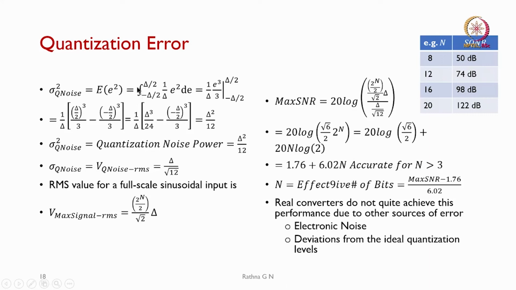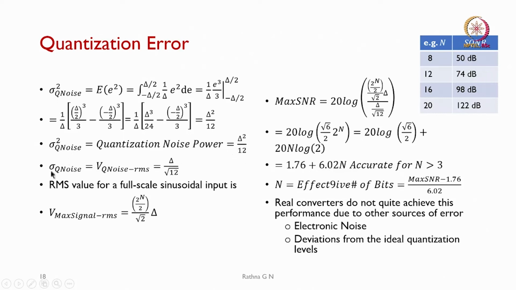When we equate it, it is the integral from minus delta by 2 to delta by 2 of 1 by delta into E squared dE. This is equivalent to 1 by delta into E cube by 3, substituting between minus delta by 2 to delta by 2. When you expand it, you will get delta squared by 12. So, we say the quantization noise power is given by delta squared by 12.